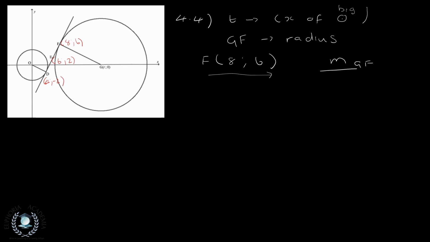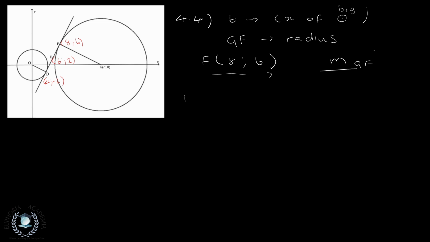So if we have the gradient and we have a point, we can find the equation of the line, and after finding the equation of the line, we can substitute what we need, and we can get what our point t is. So without further ado, let us get into it.